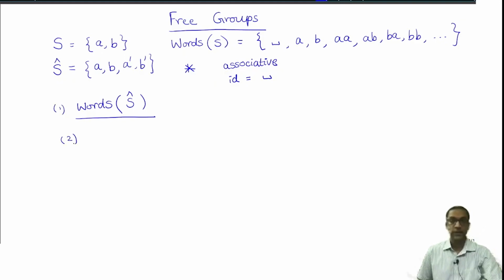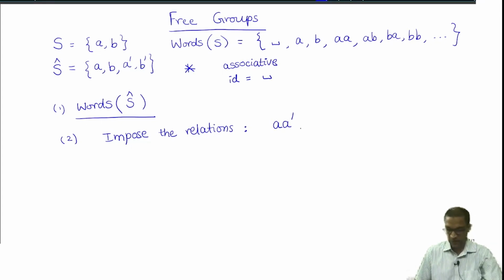Step 2 is really the key to everything that we are about to do, and this is a construction which will keep coming up in many places, which is the following. We impose the following relations. What does that mean? Well, firstly, let me tell you what the relations are.